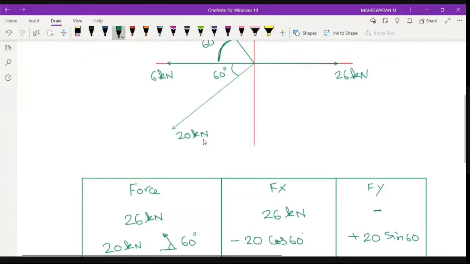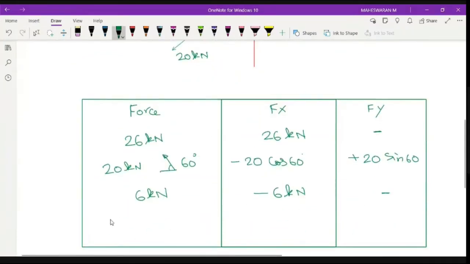Last, I have another 20 kilonewton with an angle of 60 degree. Again, bring it to the x-axis. When I bring it to x-axis, it is negative, y also negative. So this will be minus 20 cos 60, because it is decreasing, and this also minus 20 sin 60.